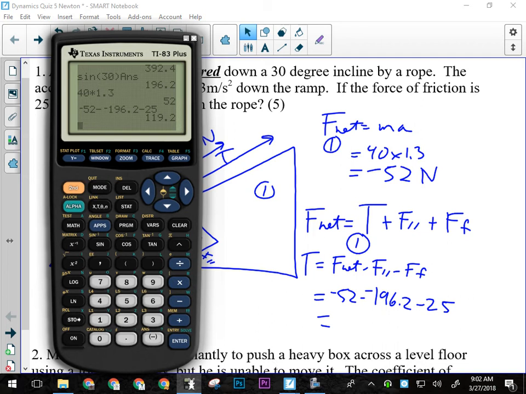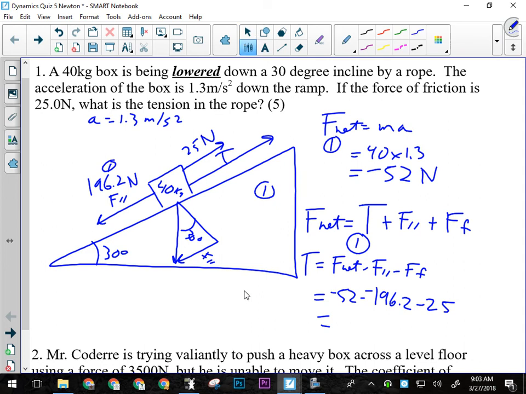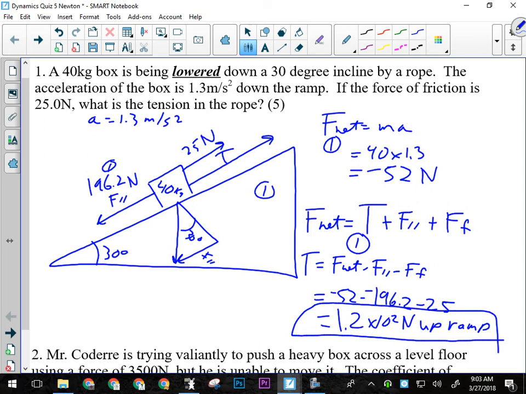Our tensional force is 119.2 newtons, but we only have 2 significant figures in this question. So our tension is going to be 1.2 times 10 to the 2 newtons up the ramp. Okay, 5th mark. Questions on that one?